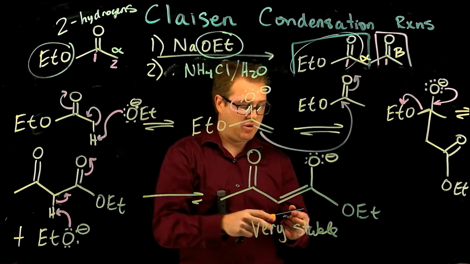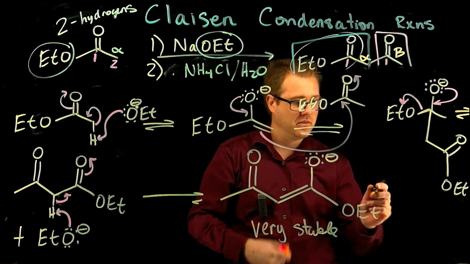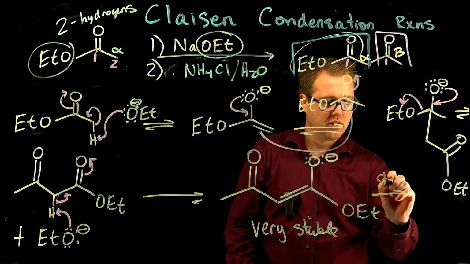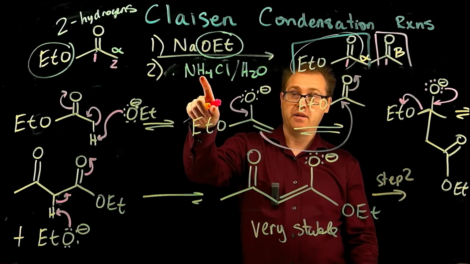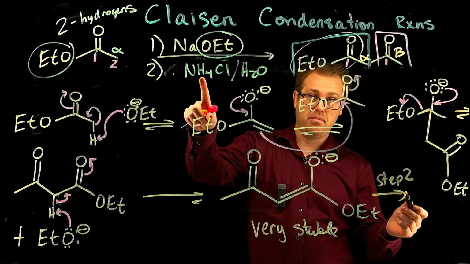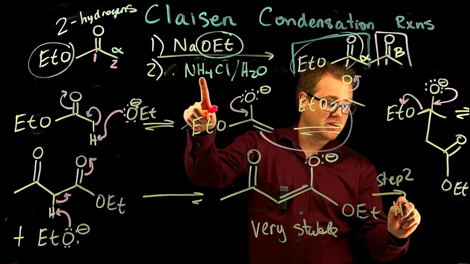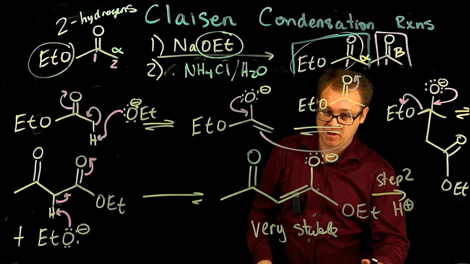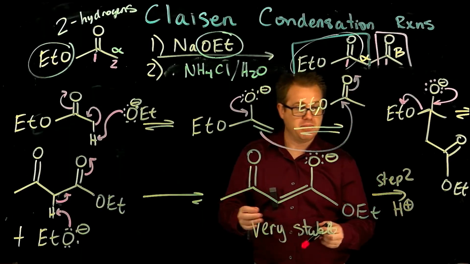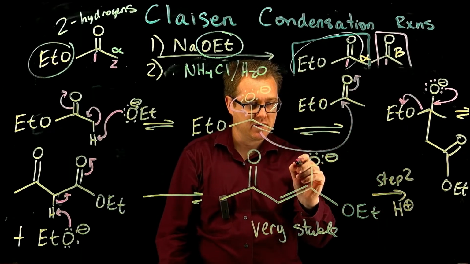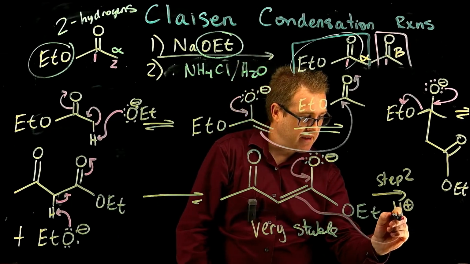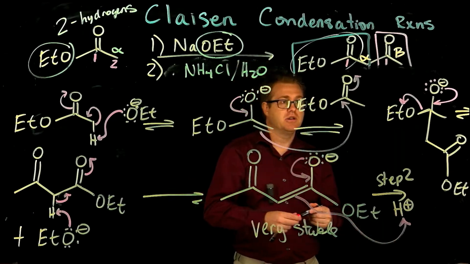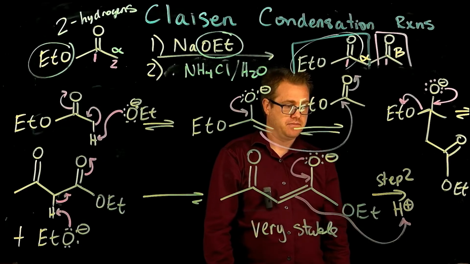Now you add step 2. Step 2 comes in, ammonium chloride. That's going to be an acid source, so I'm just going to represent it by an H+. And what happens is we do a proton transfer. That collapses down. This comes and grabs the proton to yield our product.